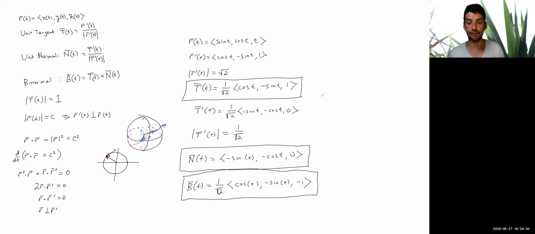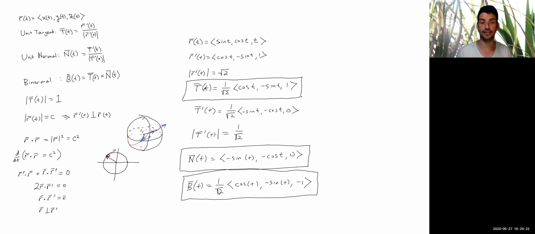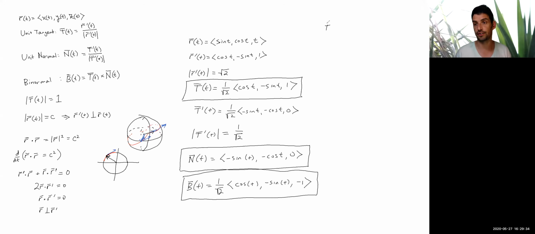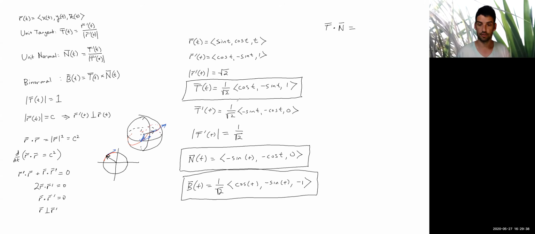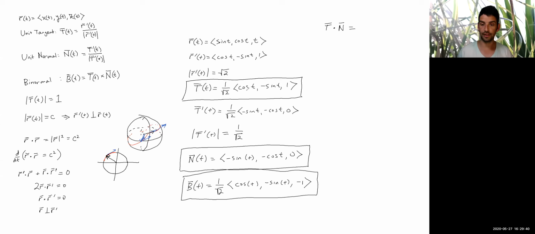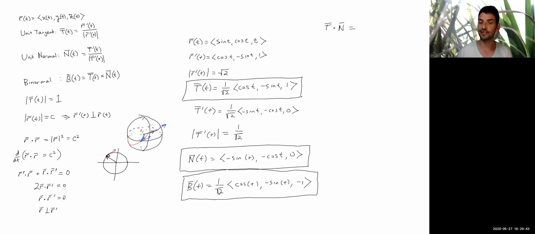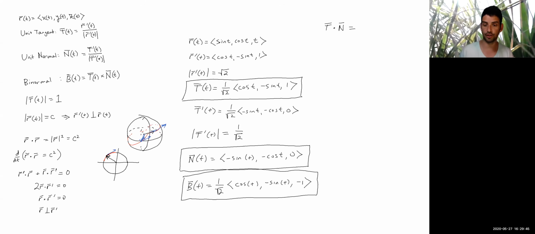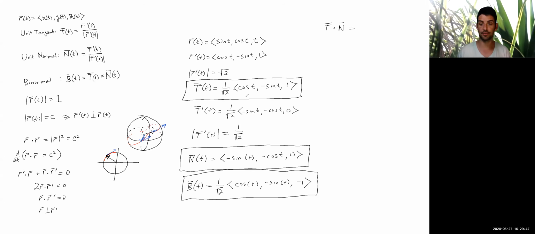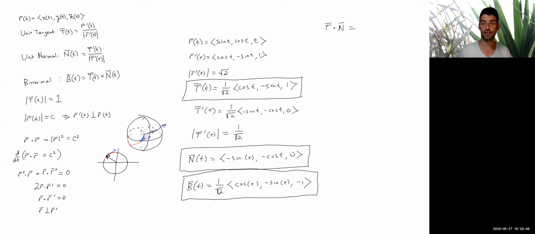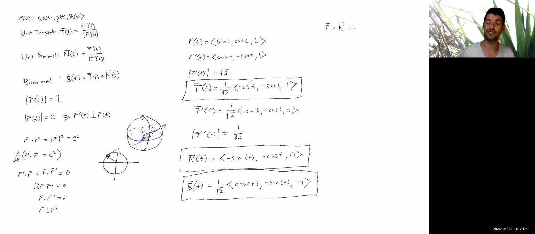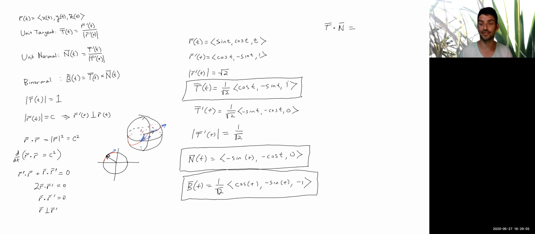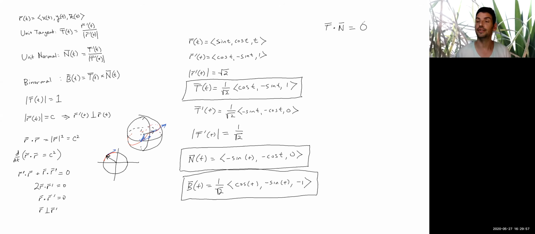Okay. And if we do a quick check, it's easy enough to see, take the dot products, for instance, t dotted with n, right? What happens when we dot these? Again, the scalar can stay out front until the end. We'll have cosine times negative sine gives me negative sine cosine, plus negative sine times cosine gives me positive sine of t times cosine t. So we've got a negative and a positive, the same thing, they cancel out, plus 1 times 0 gives me 0.